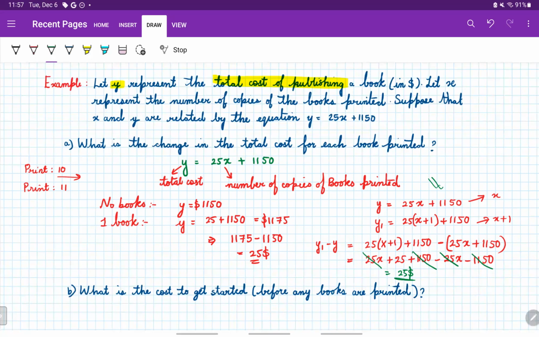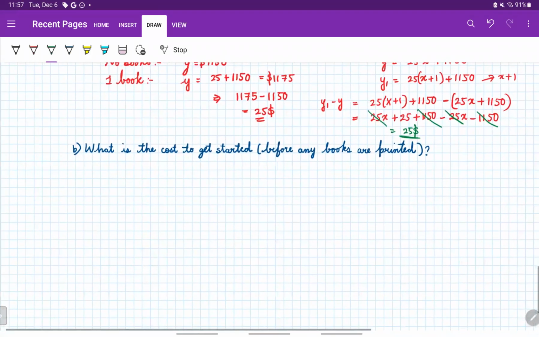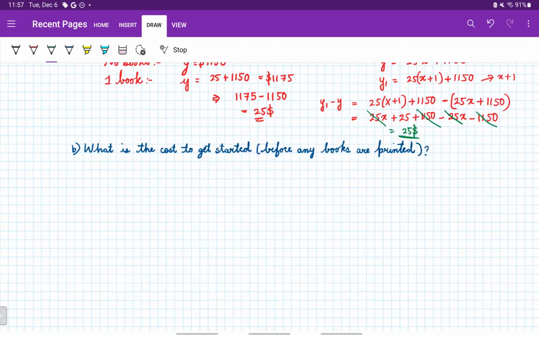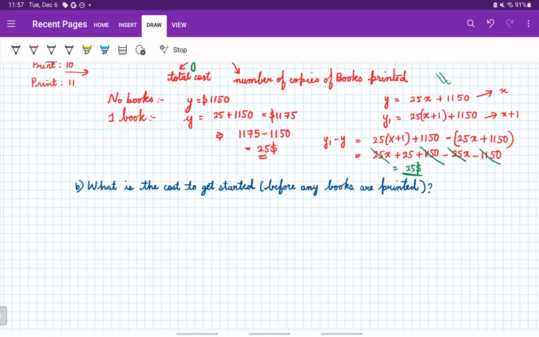Okay, let us go to the second part of this question. It asks, what is the cost to get started before any books are being printed? We did partly answer this question in the first part, but let us do it again. What it essentially is asking is when x is 0, right?